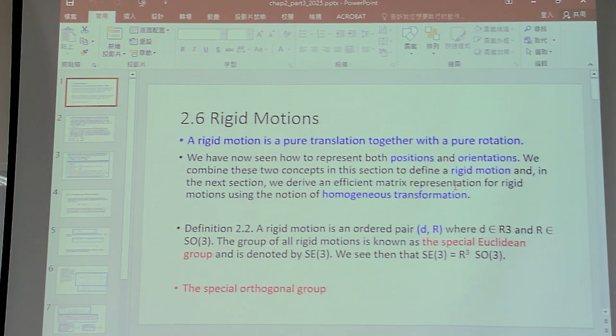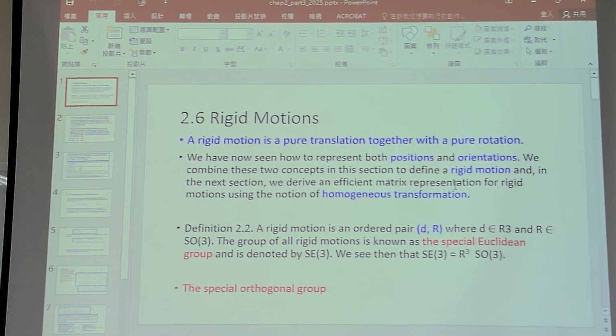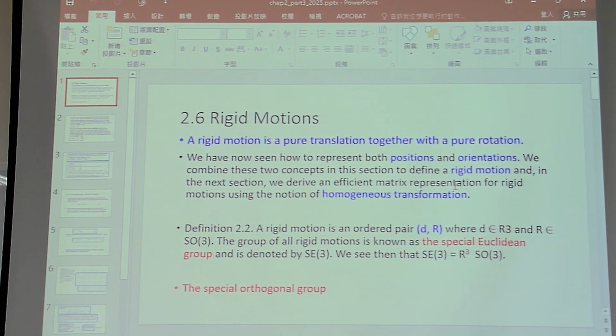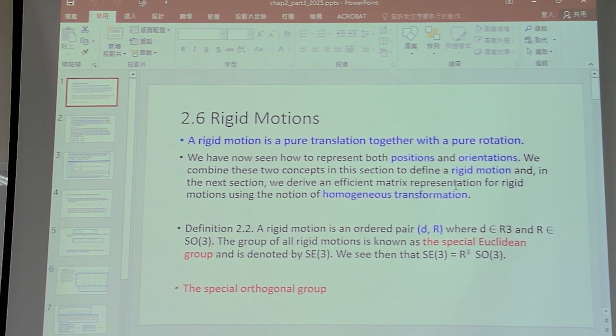Over here, we have already finished the rotation matrix so far. And how can we combine it with the translation? Because this is only pure rotation. Where is the translation? We need to know.